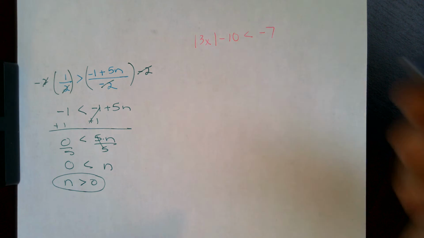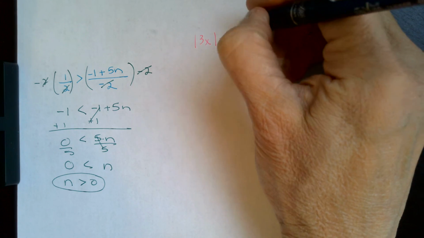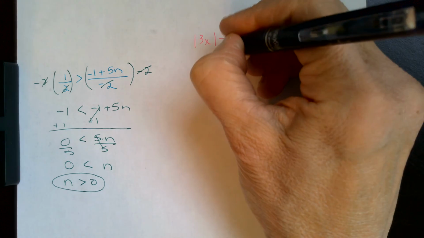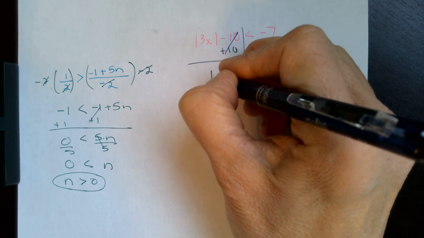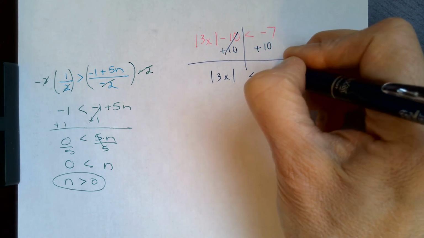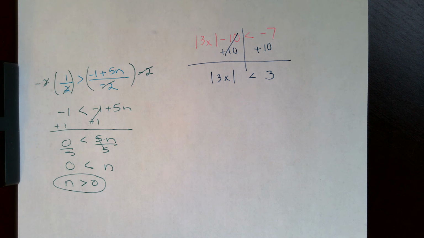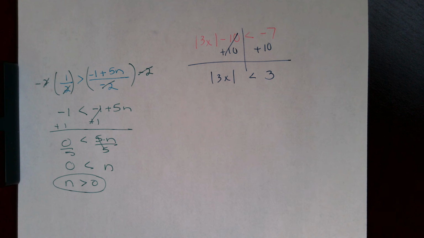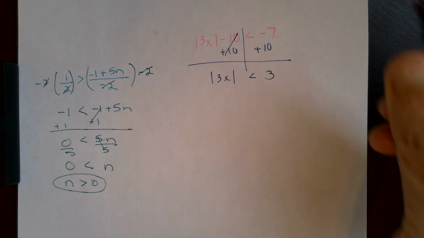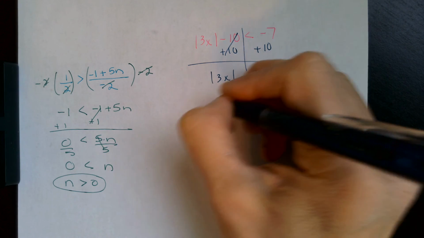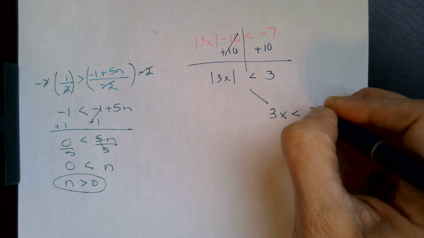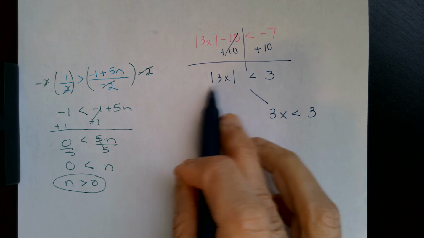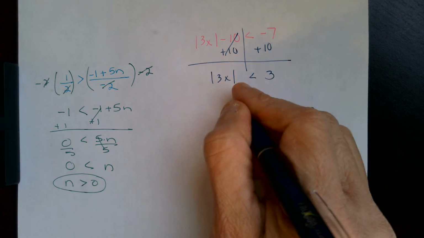All right. So I'm going to draw the line. Add 10. Absolute value of 3x is less than 3. So I'm going to break that down to 3x is less than 3. Exactly what it says without the little goalposts there.